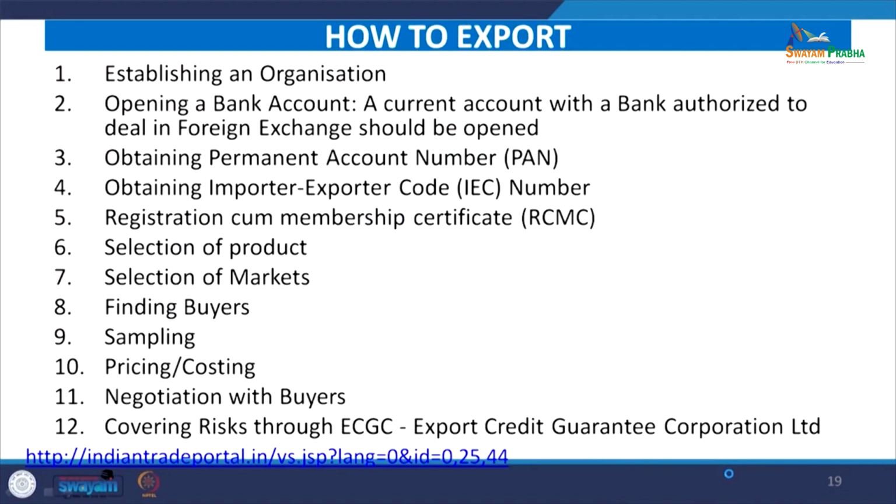We require various steps. These are all available in the slide. You can follow my slides to understand, and all those details will be explained when we land on export procedures.